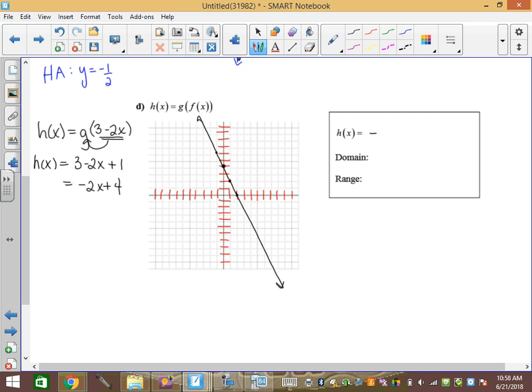So it's negative 2x plus 4 in simplified form, and then negative infinity to infinity, or x in R, y in R.